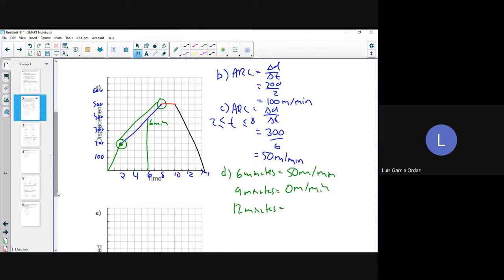And last but not least, can somebody tell me the instantaneous rate of change at 12 minutes? Remember, you're just taking the slope of that last line segment.